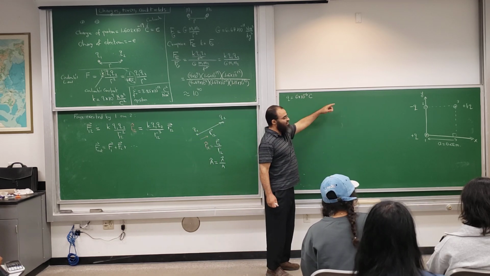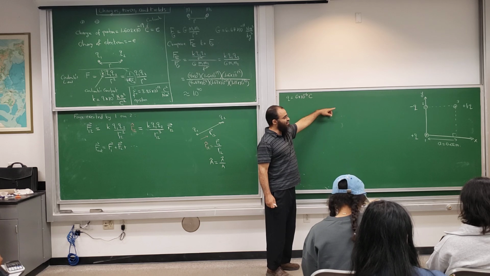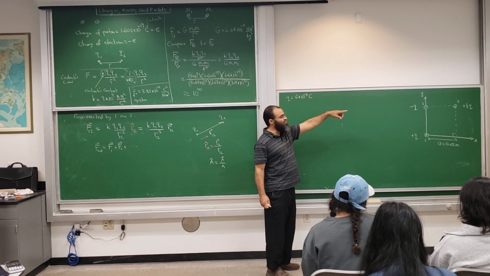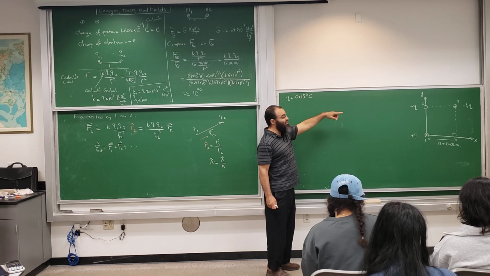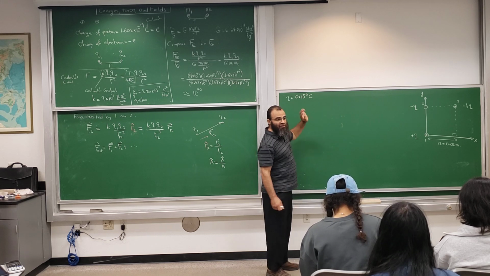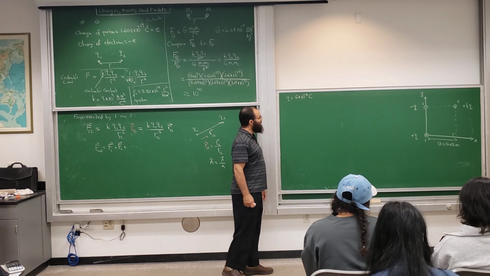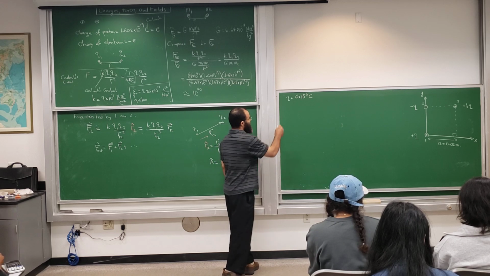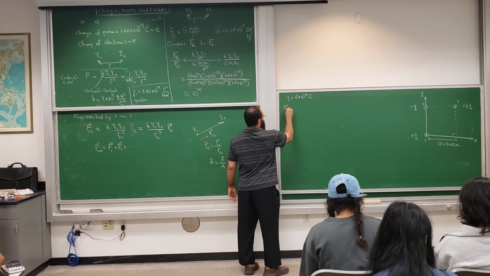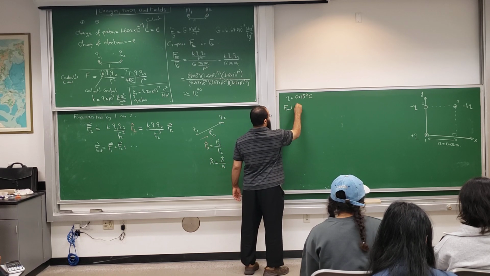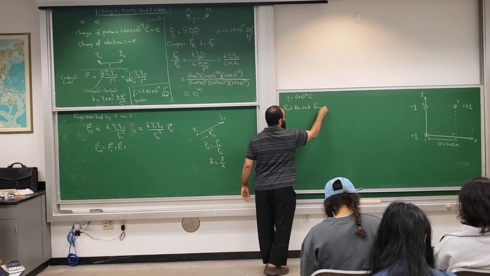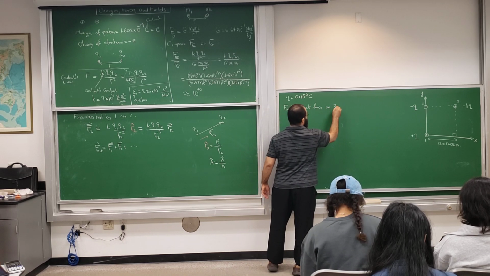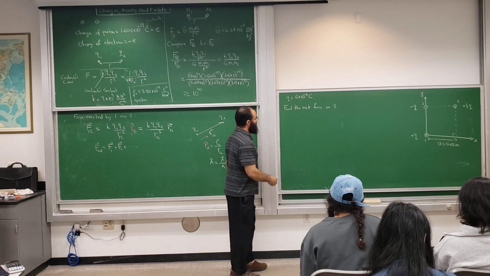Charge 2 is minus 6 times 10 to the minus 6. And charge 3 would be what? 3 times 10 to the minus 6. And the question is this: find the net force on 3.